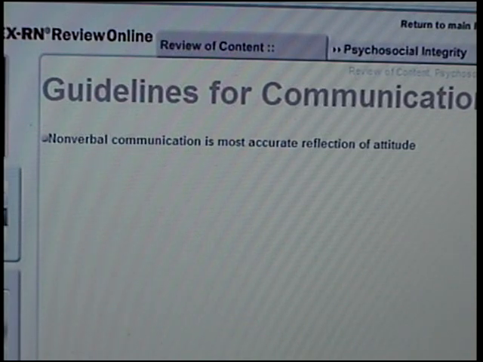If you are dealing with a client, for example, and the client is a teenage male, and he's talking about his mother, and you ask, how are things going with your mother? Well, everything's fine. Well, you hear the words, everything's fine, but you also hear an angry attitude or an angry tone of voice.